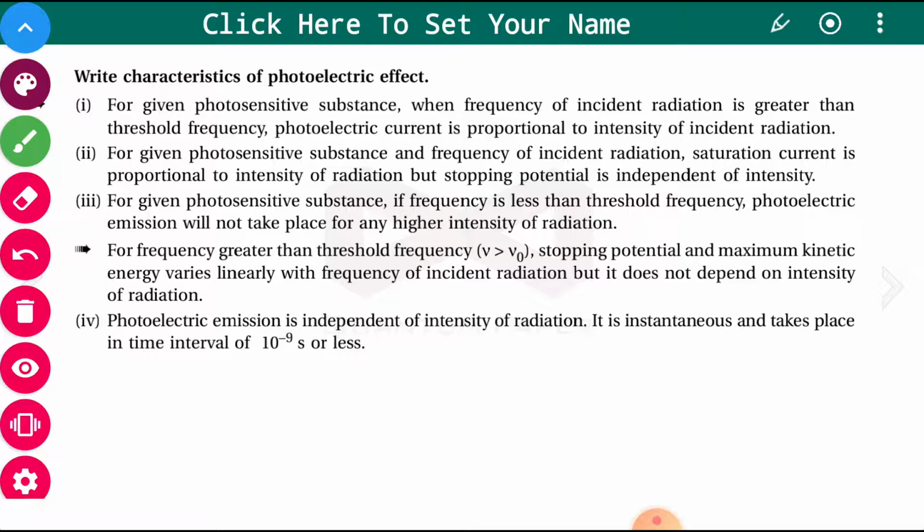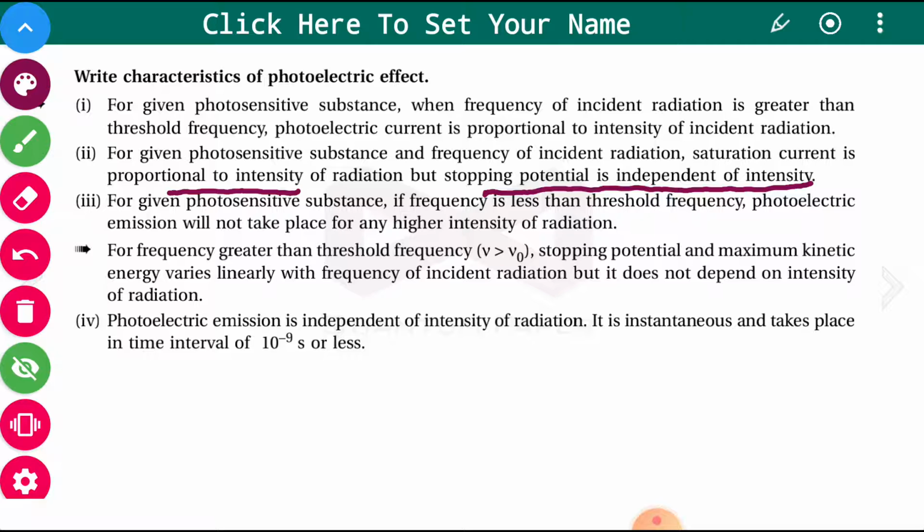So the incident frequency has to be more than the threshold frequency, and then the photoelectrons which are emitted will increase with increase in the intensity. Try to understand. For a given photosensitive substance and frequency of incident radiation, saturation current is proportional to the intensity of radiation, but stopping potential is independent of intensity.